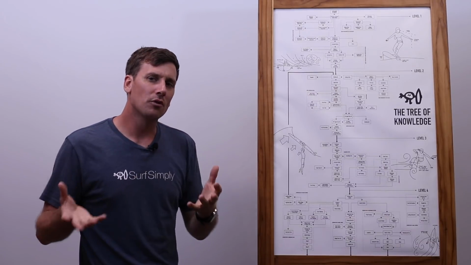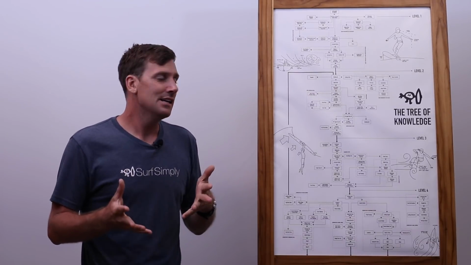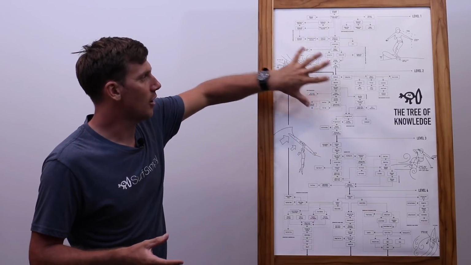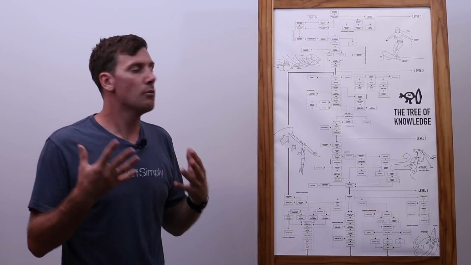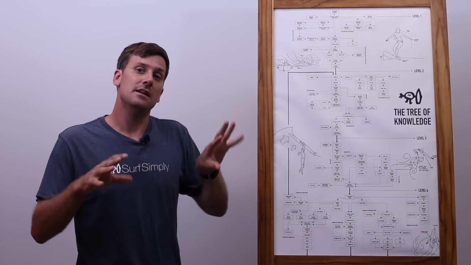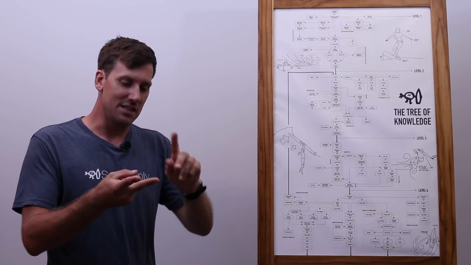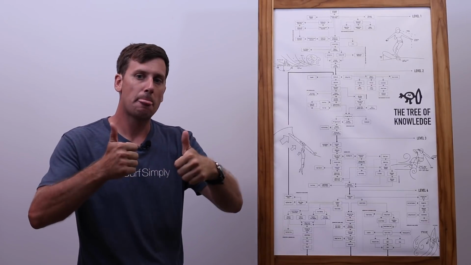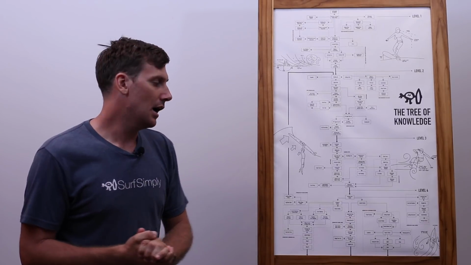But most boards that we're going to come across day to day are going to work just fine for level 1, 2, and 3. So it's more about finding a board that just feels good to you and doesn't impact your wave count too much. If it does those two things, I would stick with it.